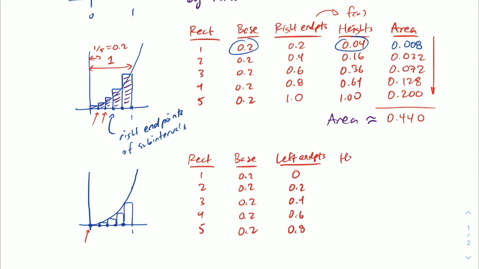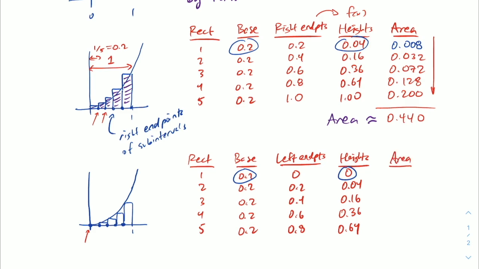Putting those into our function to get the corresponding heights, we'll get 0, 0.04, 0.16, 0.36, and 0.64. Then multiplying the base of each rectangle times its height, we get the area.